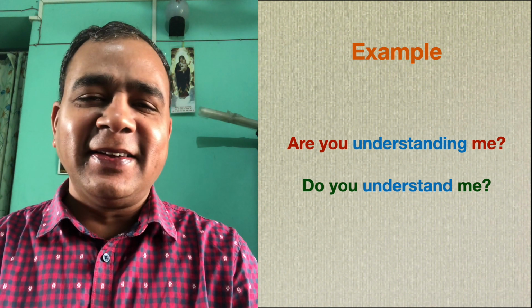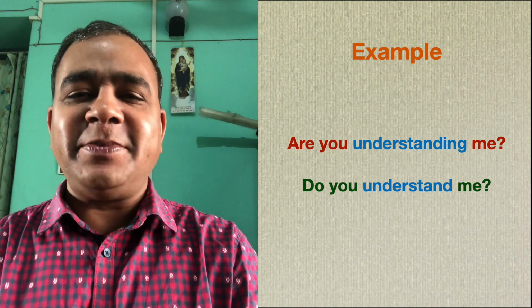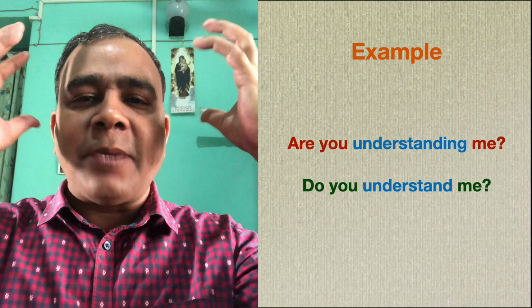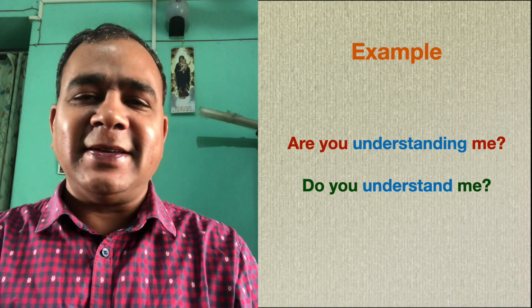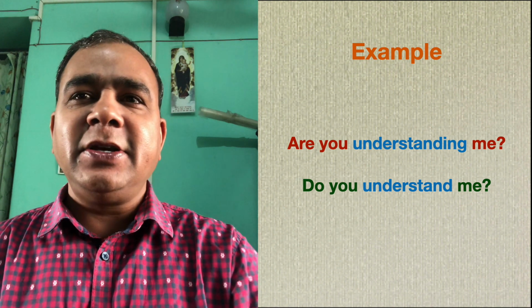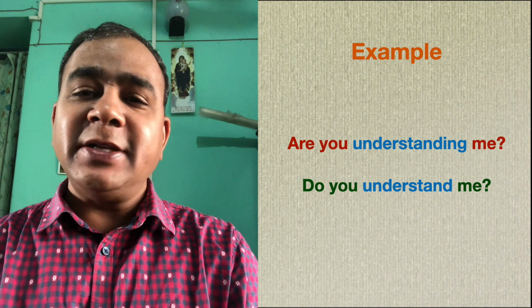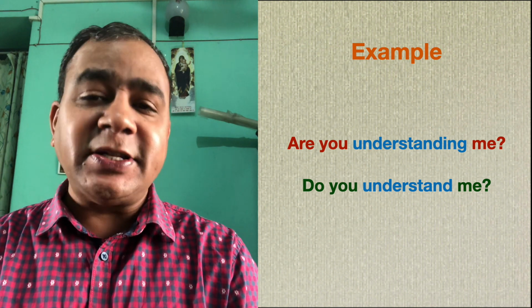That's wrong. To understand is a stative verb, state verbs. Okay. Understand is just you understand. There's nothing action happening there. Okay. You see, you understand. You hear, you understand. So are you understanding? Wrong. Do you understand? Do you understand me? Okay, yeah, I understand you.